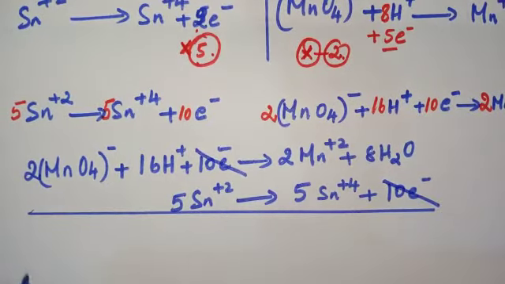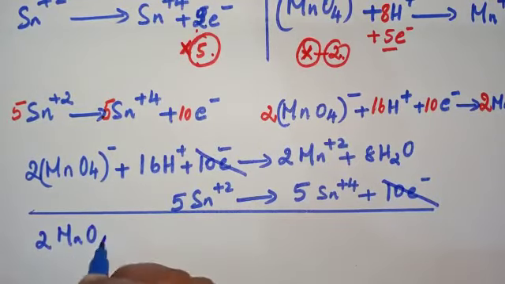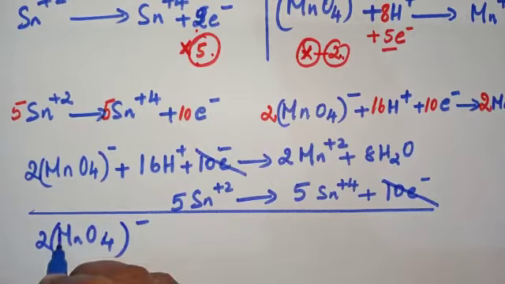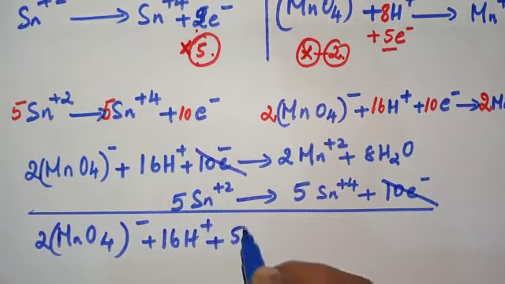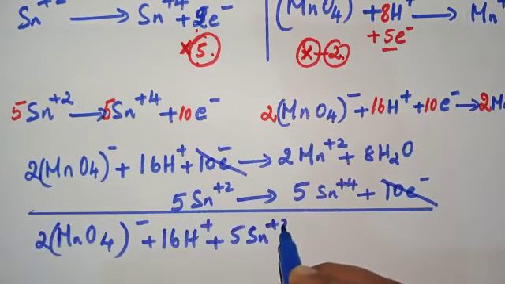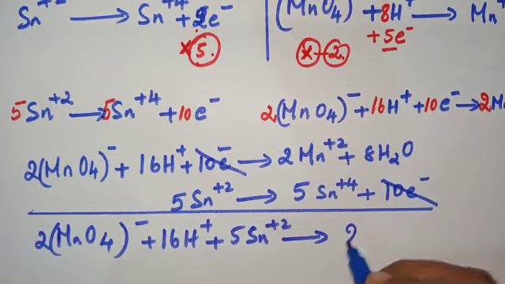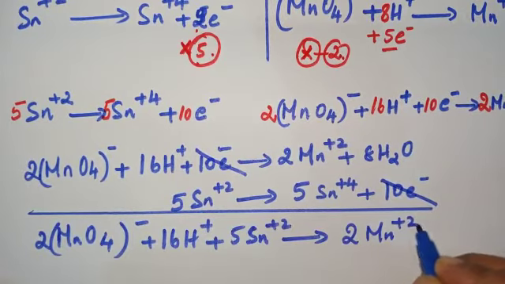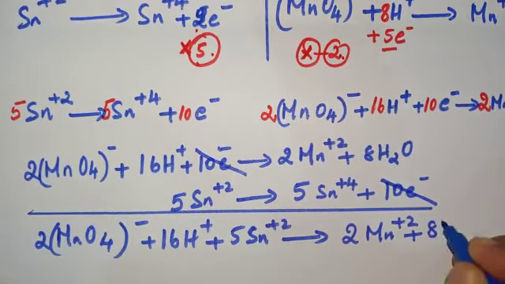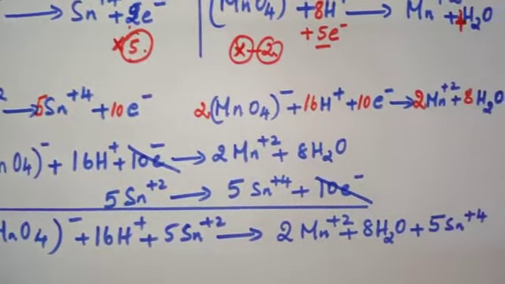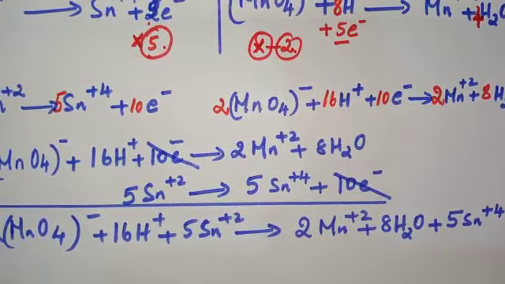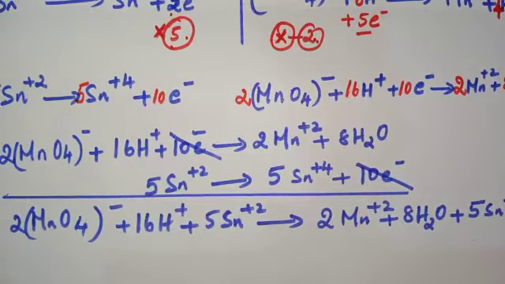So now what will I do? After cancelling, I'll write 2 MnO4− plus 16 H+ plus 5 Sn2+ gives 2 Mn2+ plus 8 water molecules plus 5 Sn4+. Now this reaction is balanced.